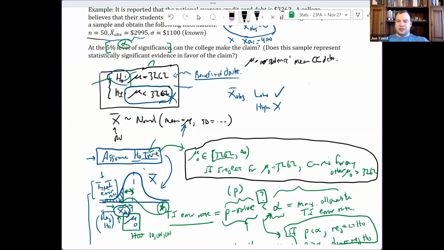But it's important to realize that if we fail to reject H naught, we're not arguing that we think mu is exactly 3262. We've just failed to surpass this high bar that mu is less than 3262. And we instead adopt the worldview of either mu equals 3262 or mu bigger than or equal to 3262.